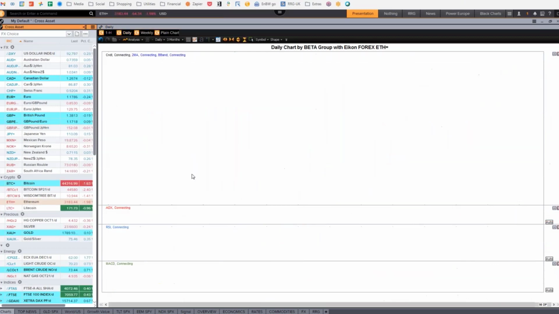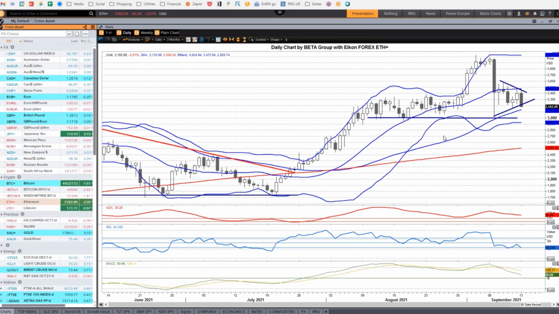Let's go to Ethereum now. Well, Ethereum plummeted, crashed, bounced, and then has really eased into now a much clearer symmetrical triangular shape here, the bottom of which is under threat. We've got very important support at 3,000 here, which could come under threat and test.